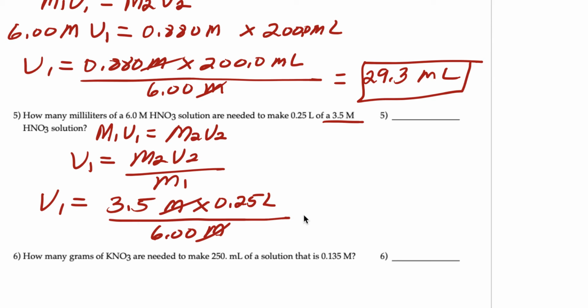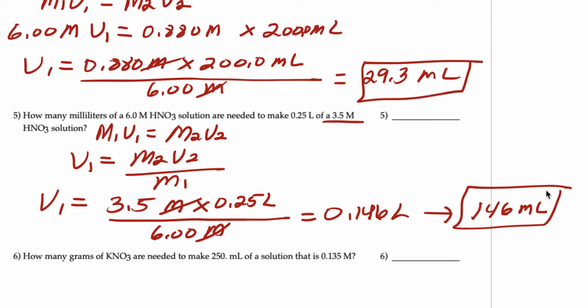Molar cancels, and we're left with 3.5 times 0.25 divided by 6, and that's equal to 0.146 liters. They want it in milliliters, so you multiply this by 1,000, and that's 146 milliliters.